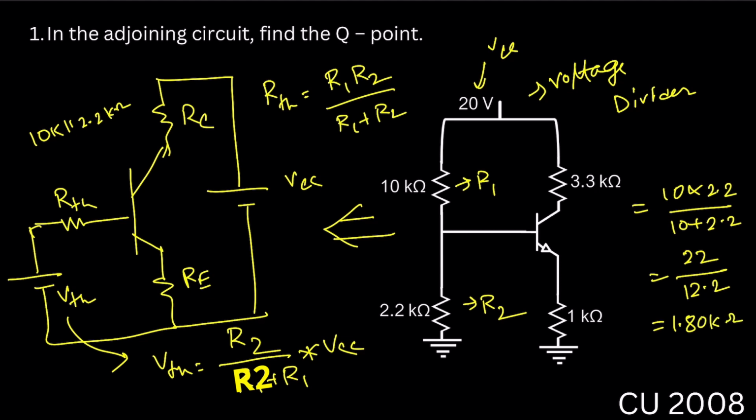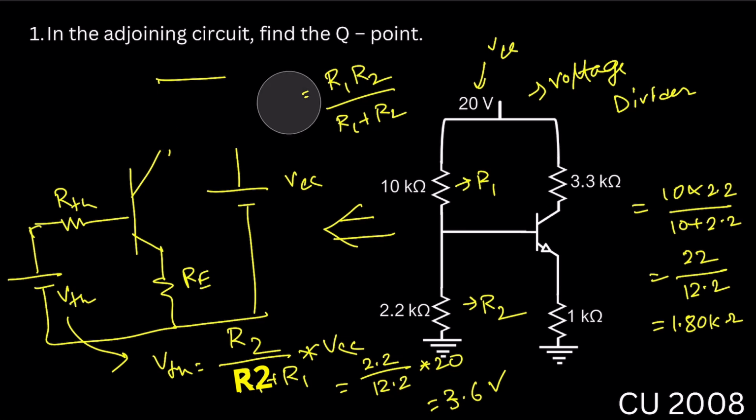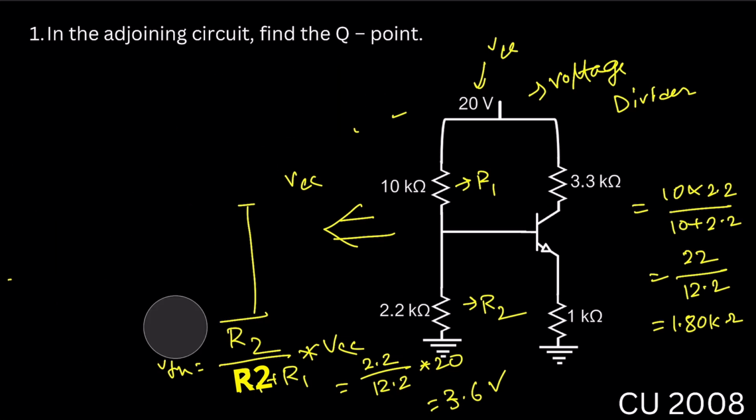Okay. And what is the value of VTH? VTH will be 2.2 divided by 12.2 multiplied by 20. It will be equal to 3.6 volt. Okay, if we get the value of VTH and RTH, it will be very simple to do the calculation. So just redraw the circuit and put the values of VTH and RTH.